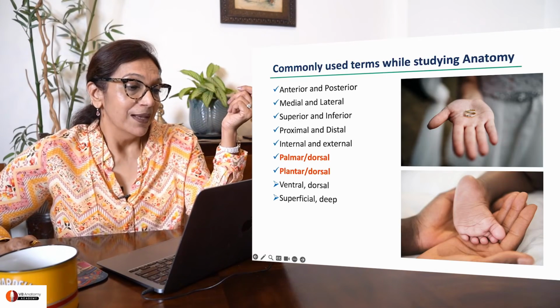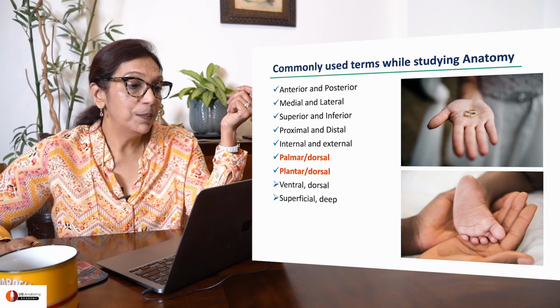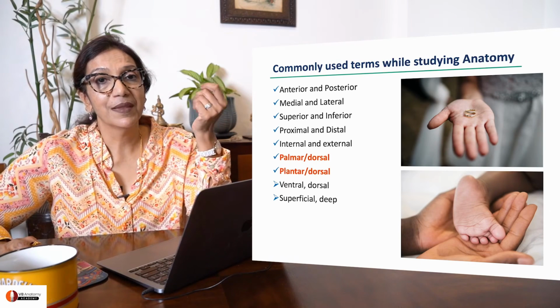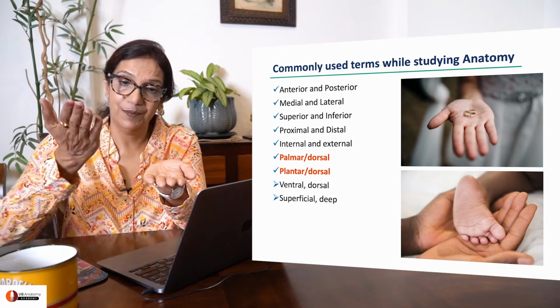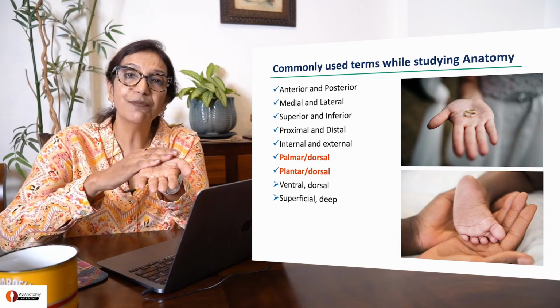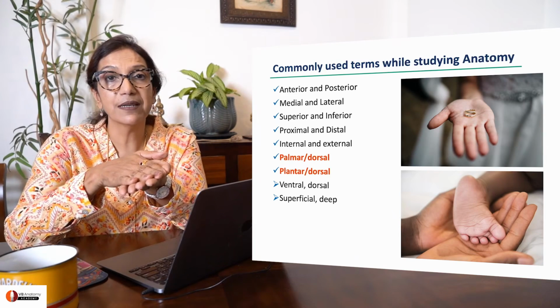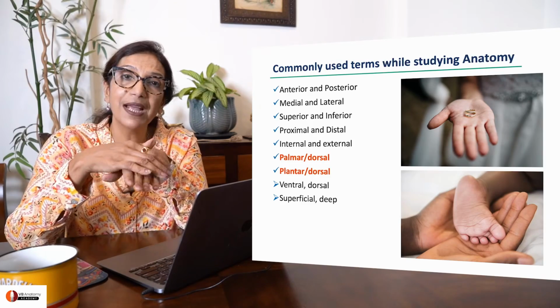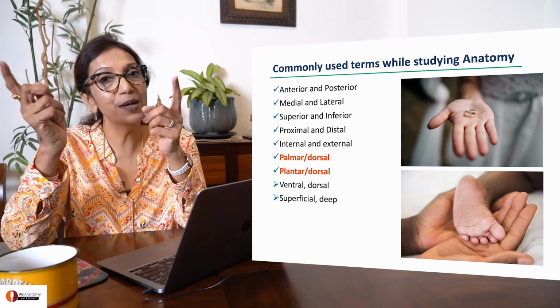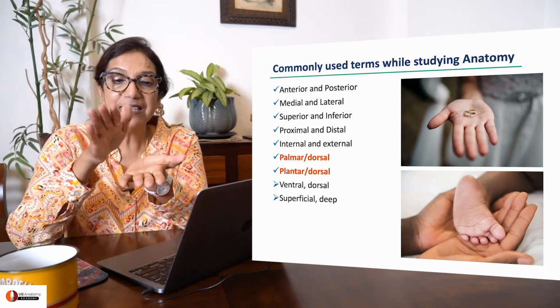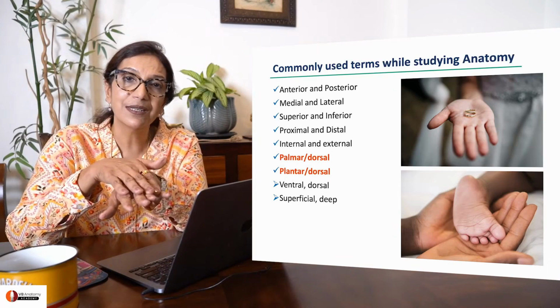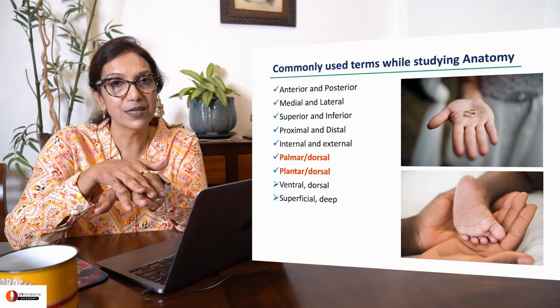Palmar, dorsal, plantar, dorsal. This is my palm. This aspect of my hand is called palmar aspect. Whereas the dark side of my hand is my dorsal. D for dark, D for dorsal. This is palmar, this is dorsal.